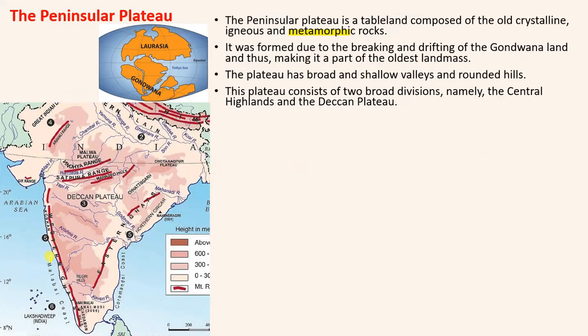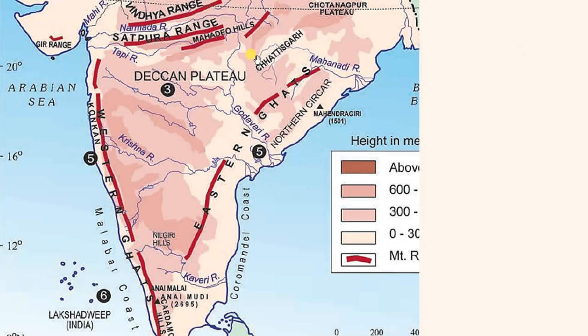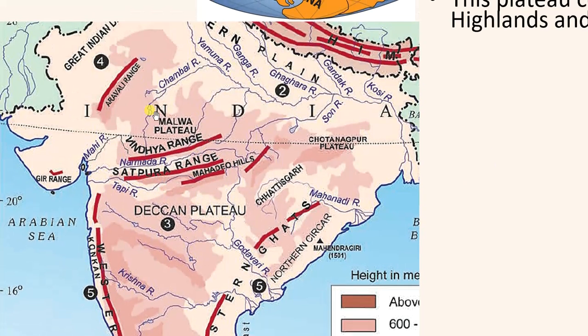These are all Peninsular Plateau, but the southern part is the Deccan Plateau, as written here, and this is the Central Highland, including the Malwa Plateau, Chota Nagpur Plateau, and Vindhyan Range.